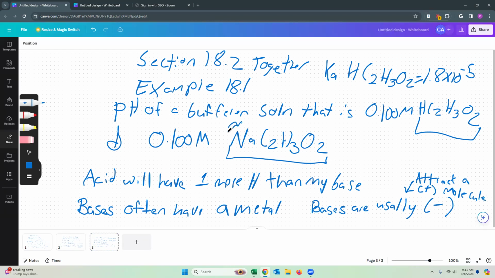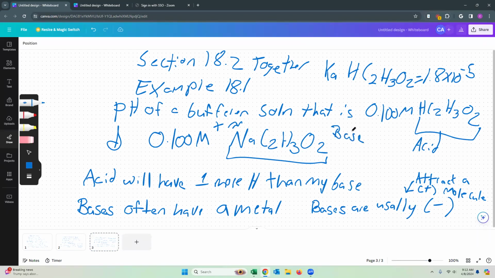Metals are positive, so a lot of times you'll see a metal next to your base. So HC2H3O2 is our acid, NaC2H3O2 is our base.